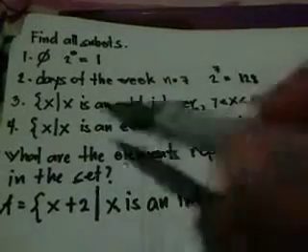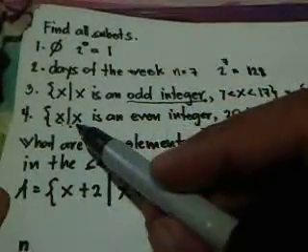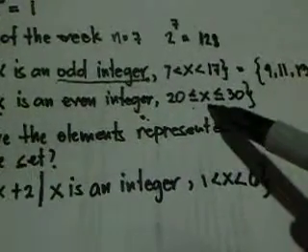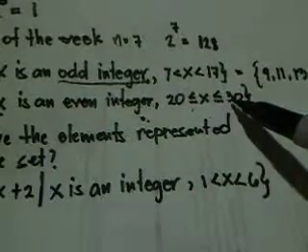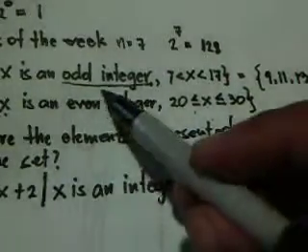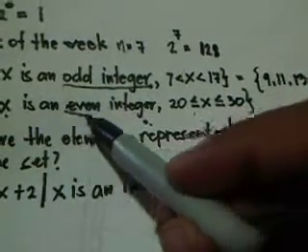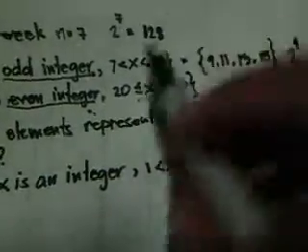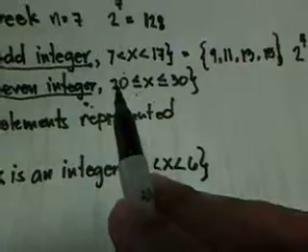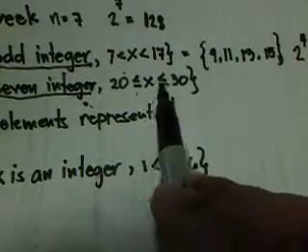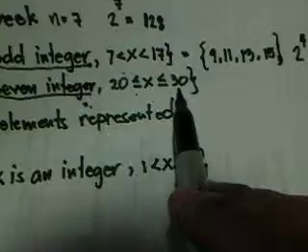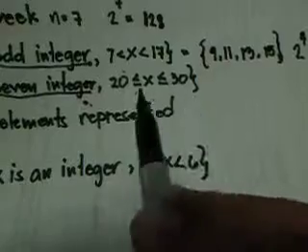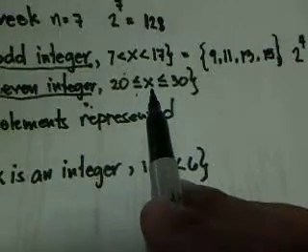Okay, how about this one? The set of all x's such that x is an even integer where 20 is less than or equal to x is less than or equal to 30. Again, take note, the first one is an odd integer, and here it is an even integer. Here we have 20 is less than or equal to x is less than or equal to 30. What number do we start with in finding the elements of x?